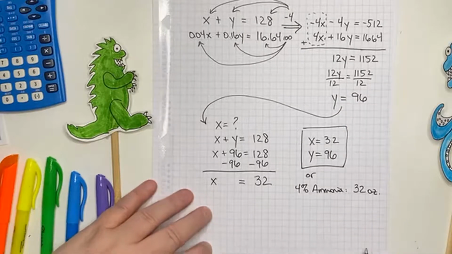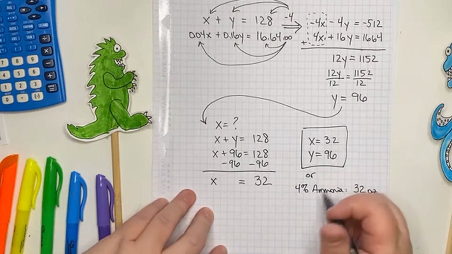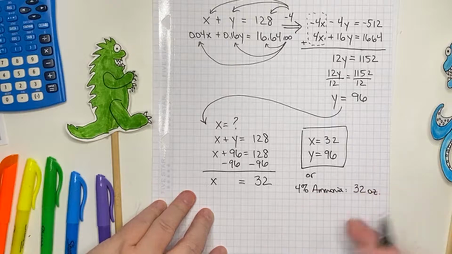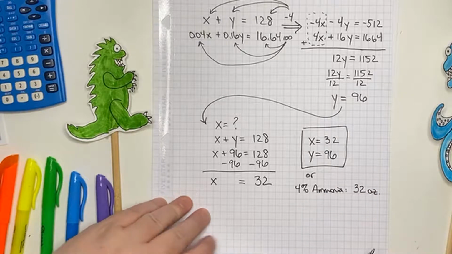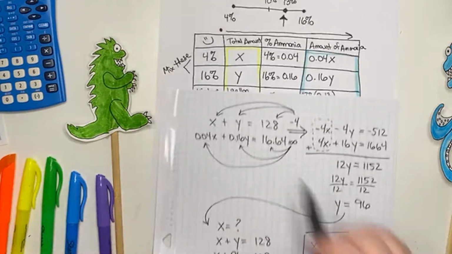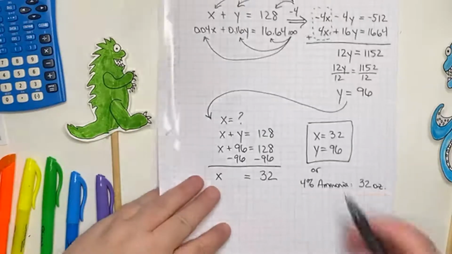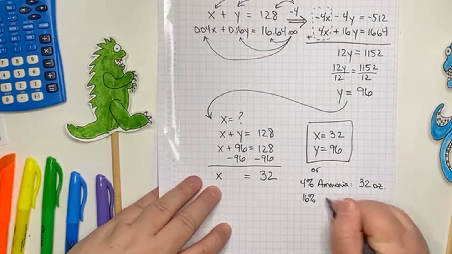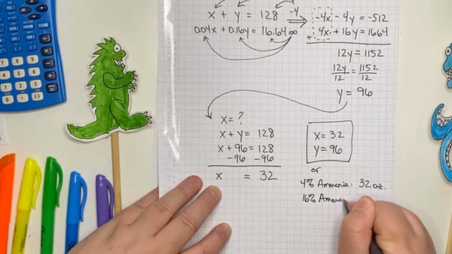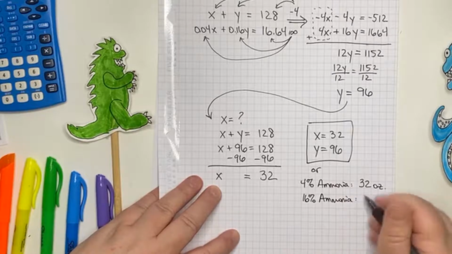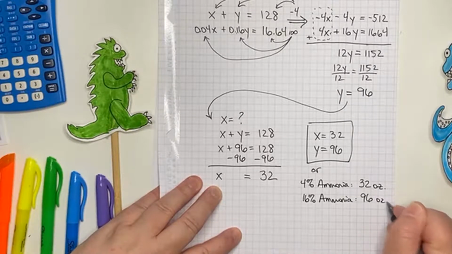Remember that the shorthand for ounce is OZ because, you know, non-metric system. And then the Y was the 16%. So 16% ammonia was 96 ounces.